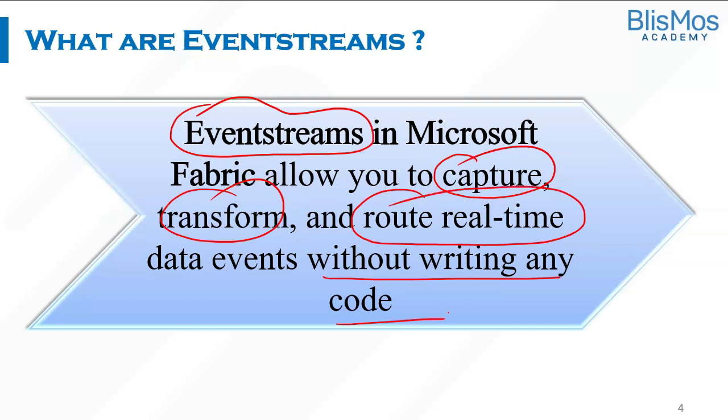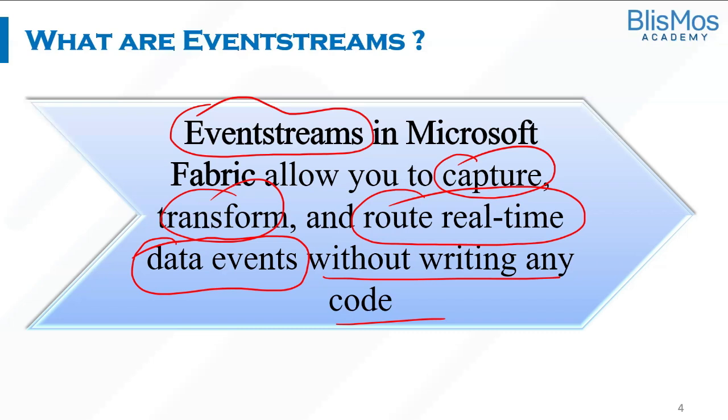Instead of saying data, we can also say data events. We already discussed what events are. It allows us to capture, transform, and route real-time data events without writing code.